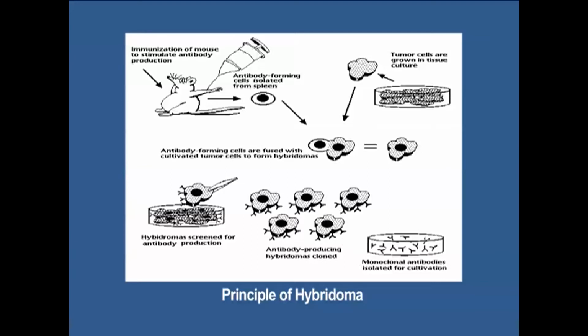So this technique of fusing the myeloma with the antibody producing cell is called hybridoma. And this hybridoma is a very important tool to develop monoclonal antibody against unknown viruses.